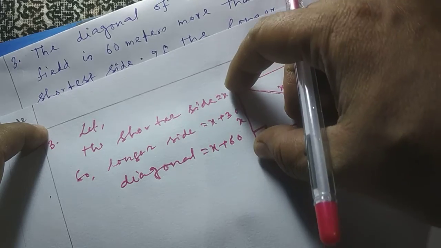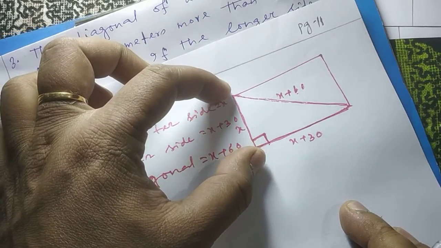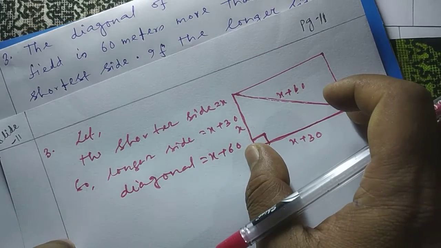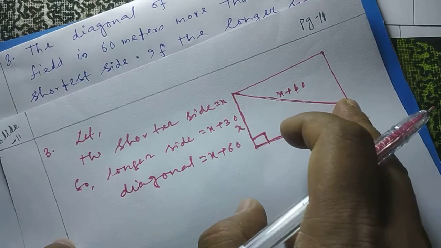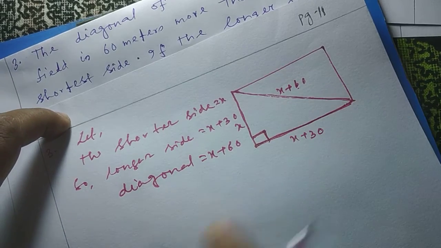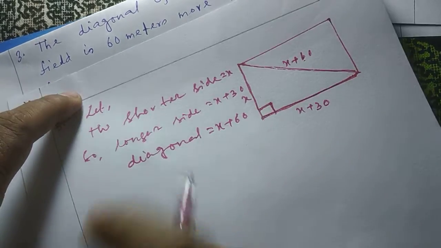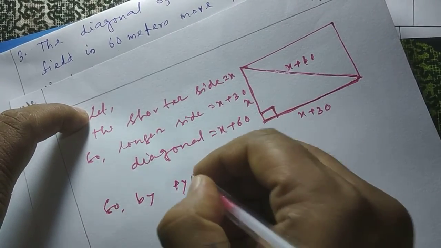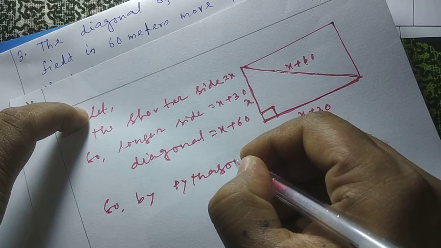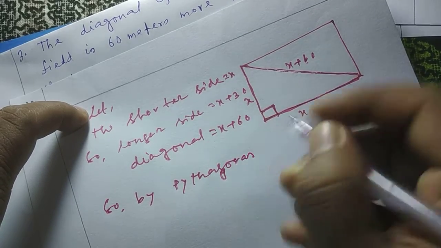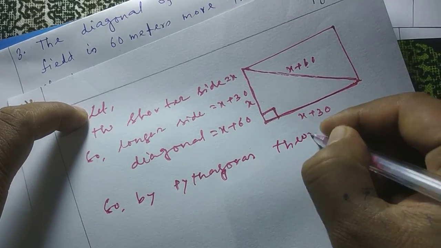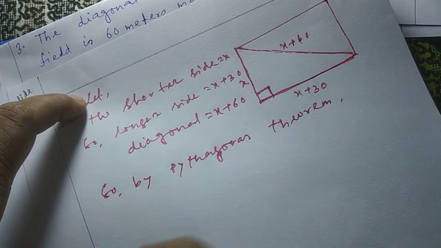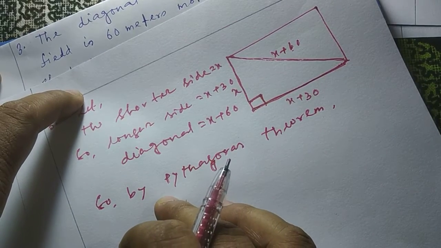Where it is the height, it is the base, and it is the hypotenuse. So let us apply the Pythagoras theorem here. So by Pythagoras theorem we get, what was the Pythagoras theorem?